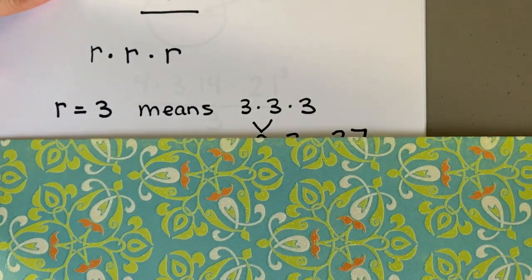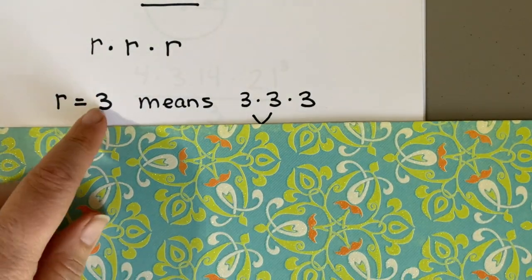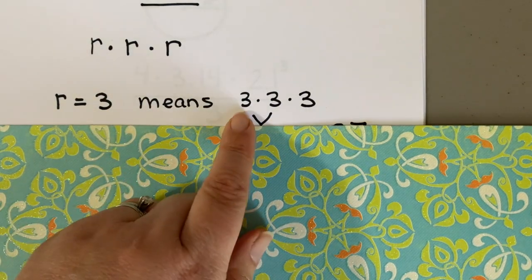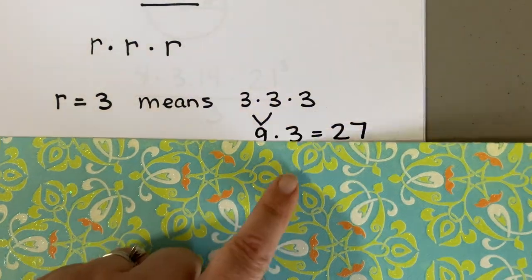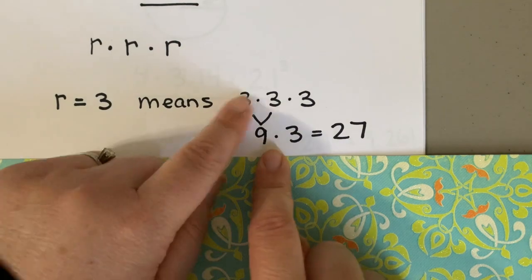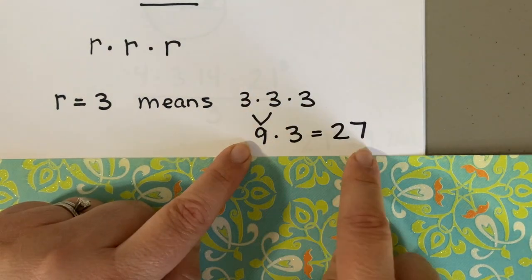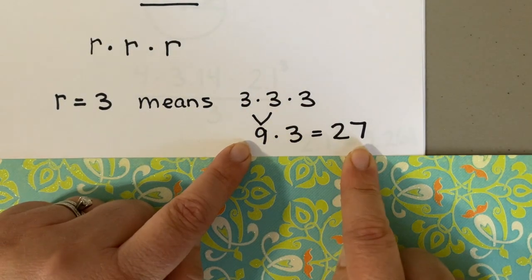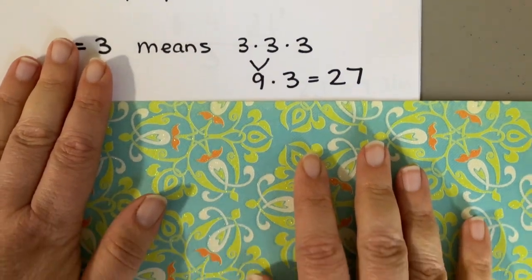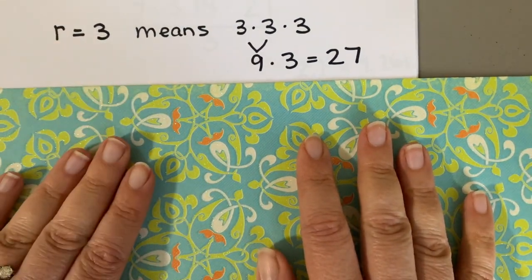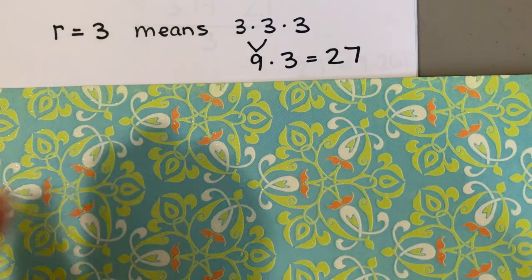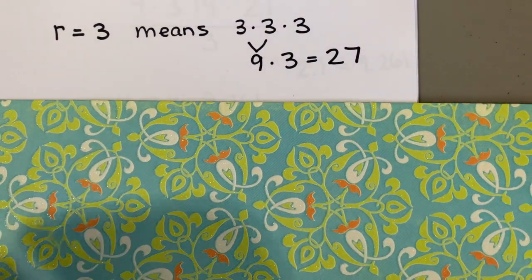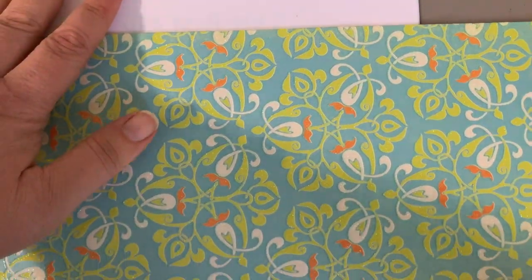So for an example, r to the third would mean 3 times 3 times 3, which is 3 times 3 is 9, and then times 3 again is 27. Again, with all these formulas, you should definitely be using a calculator because there are a lot of decimals in our problems. Now let's just do a couple together.